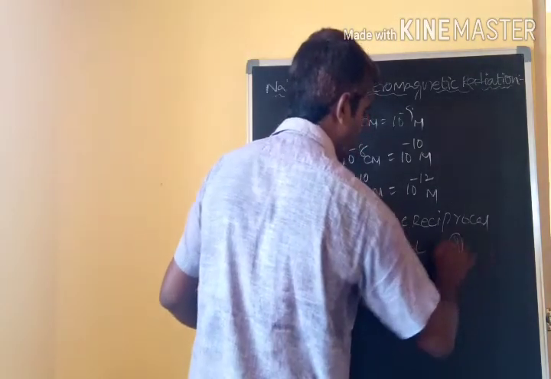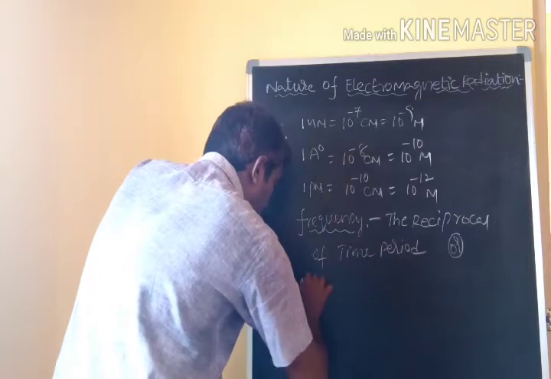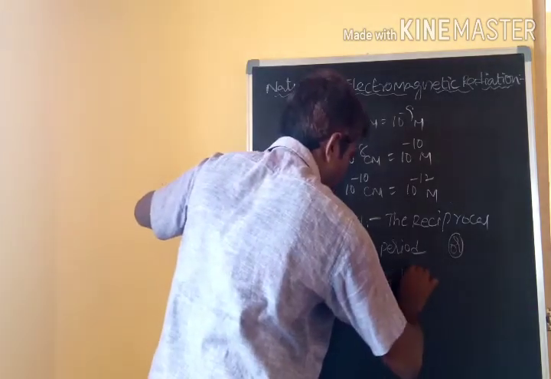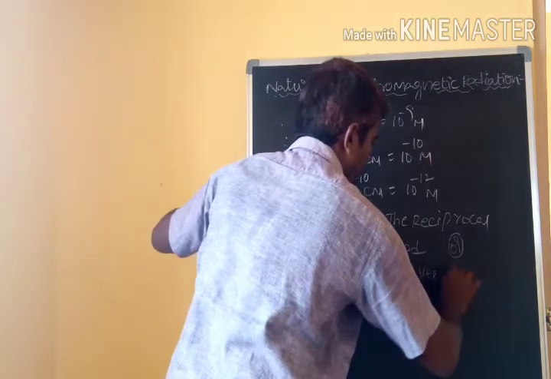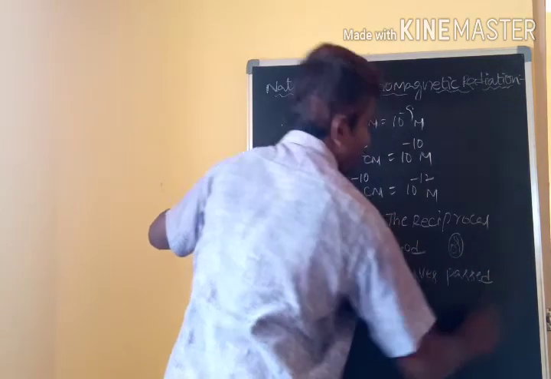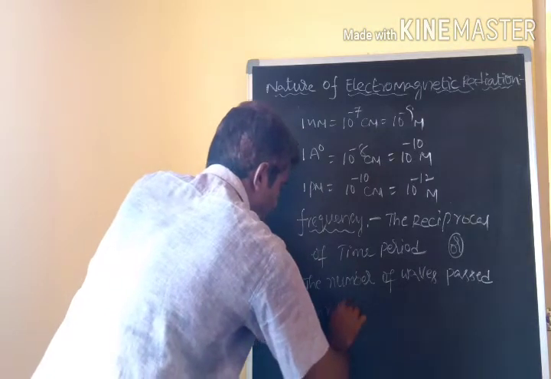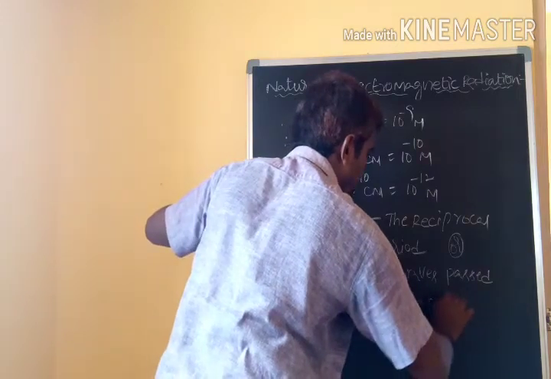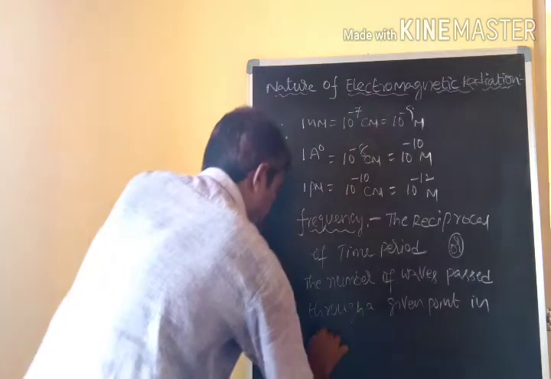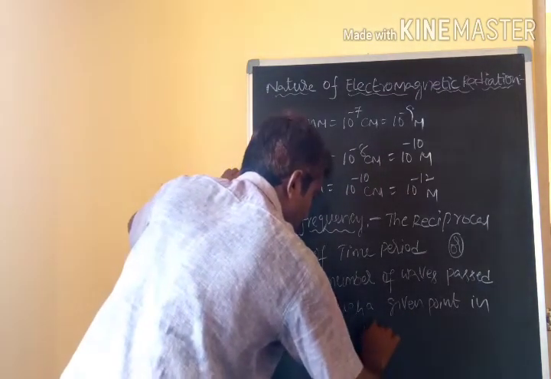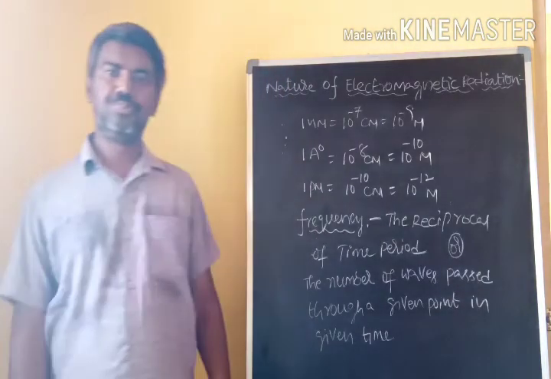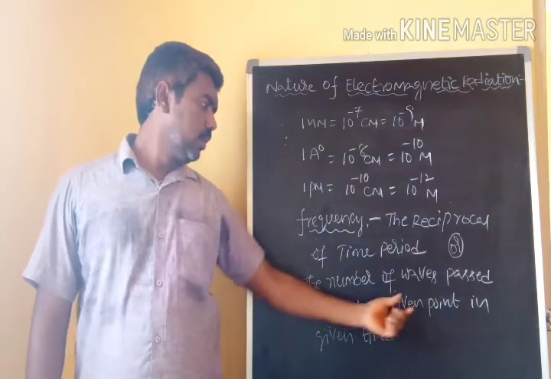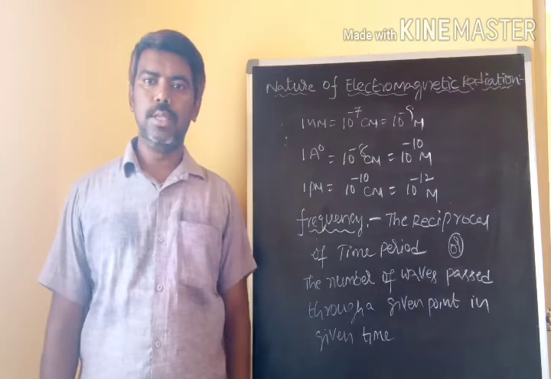Or the number of waves that pass through a given point in a given time is also called frequency.